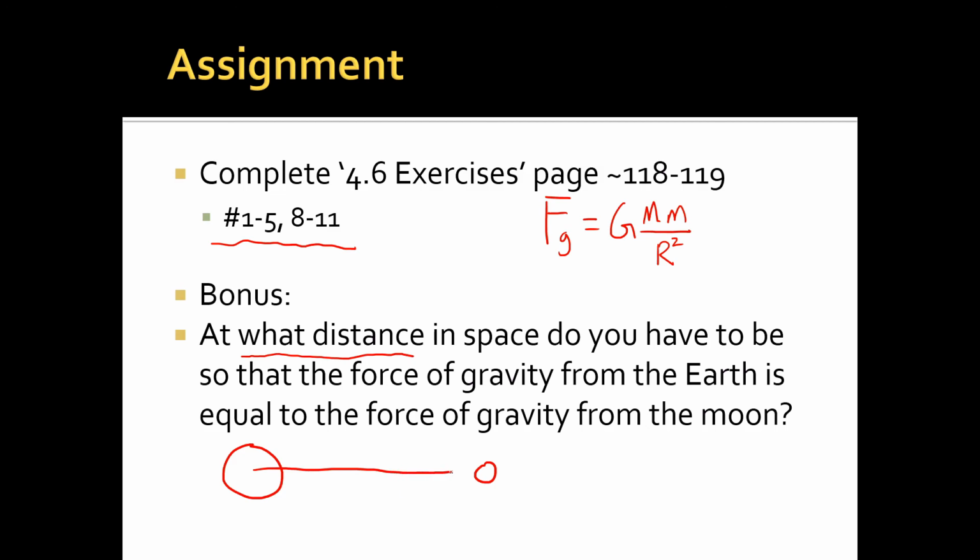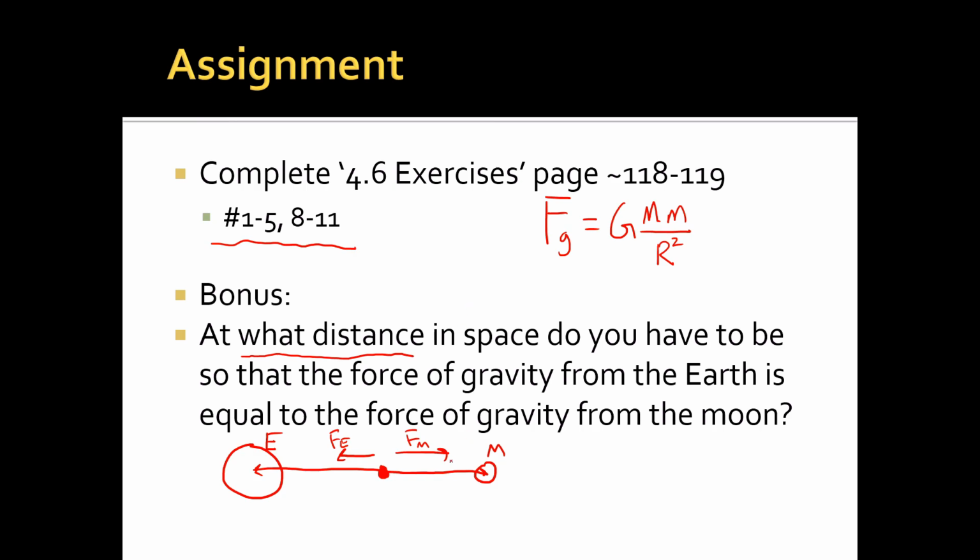So here's the Earth, here's the Moon, and there's a point somewhere in between them where the force of gravity due to the Earth is equivalent to the force of gravity due to the Moon. It's a really interesting point in space, because it basically means that if you place an object right here, it won't get any closer to the Earth and it won't get any closer to the Moon, because both objects are pulling on it with equal force.